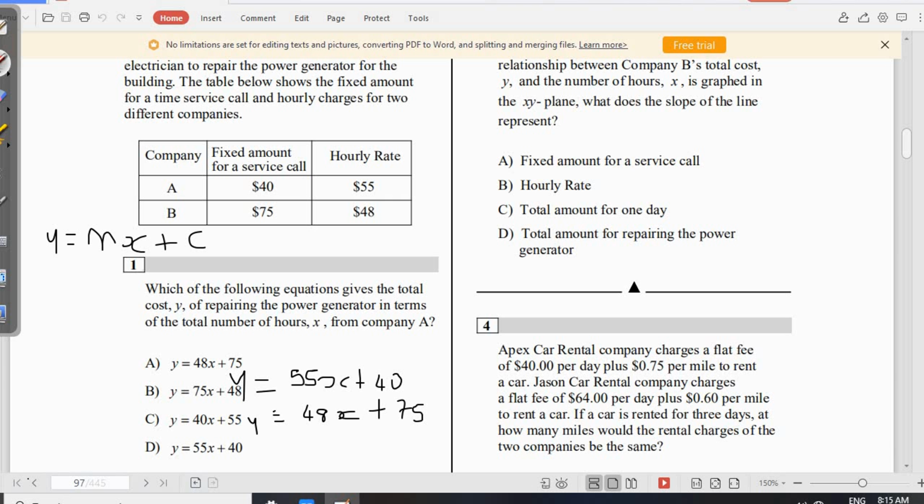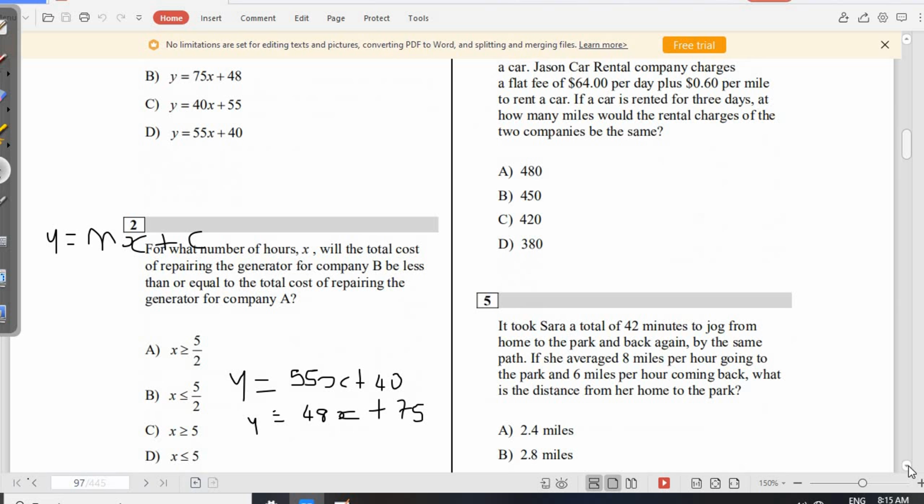So the question goes this way. For what number of hours x will the total cost of repairing the generator for company B be less than or equal to the total cost of repairing the generator for company A?